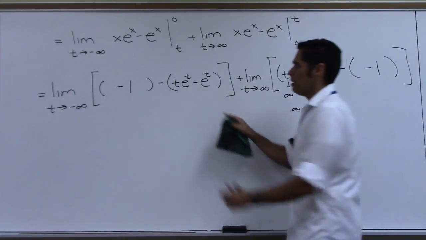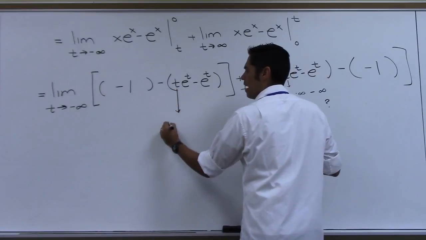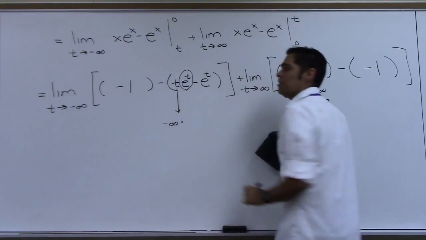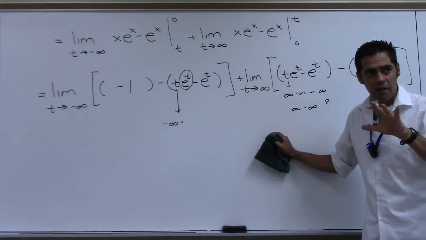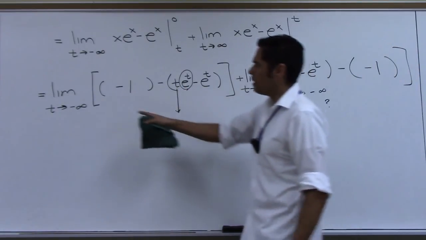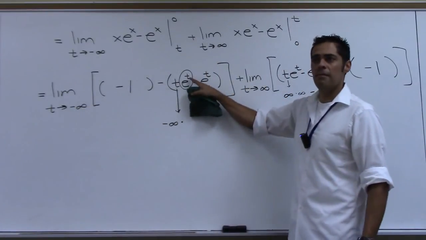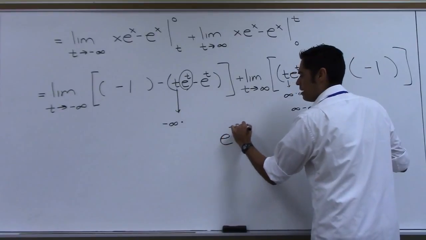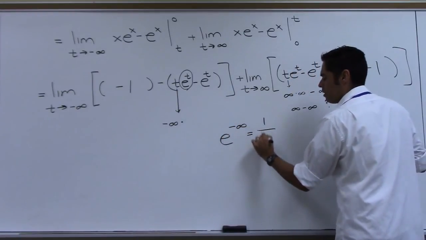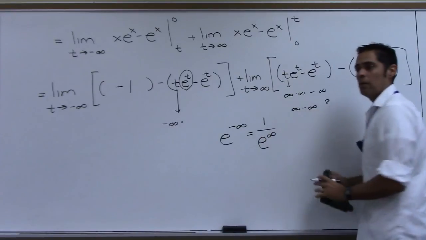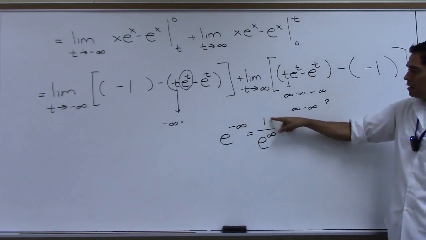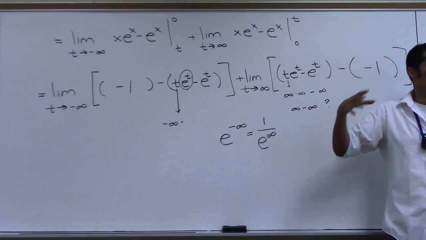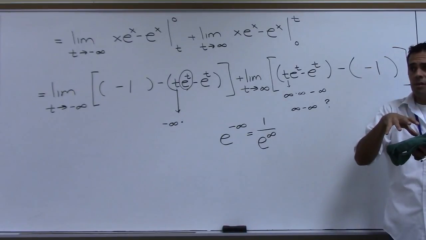Over here, we just said that this was headed to negative infinity, right? And we said that this part was headed to 0. Now again, I have to clarify why it's headed to 0. You're plugging in a huge negative number into this, right? So e to a huge negative number is the same as 1 over e to a huge positive number. And if you fix a number like 1 and put a very large number on the bottom, that ratio goes down to 0, doesn't it?